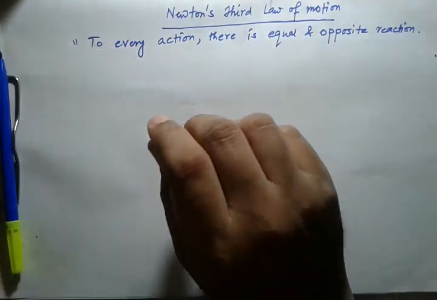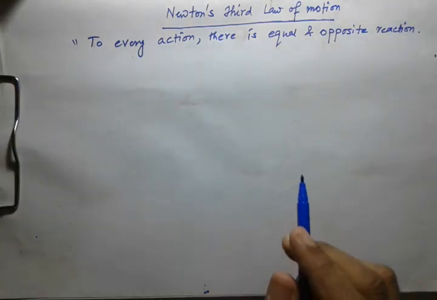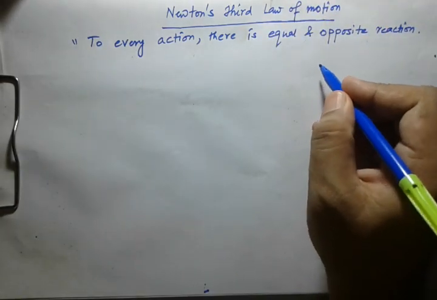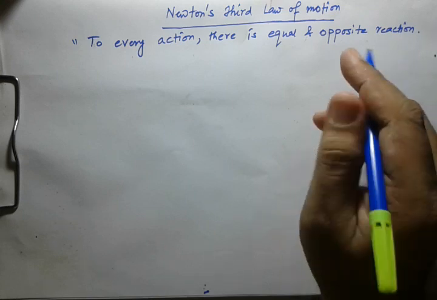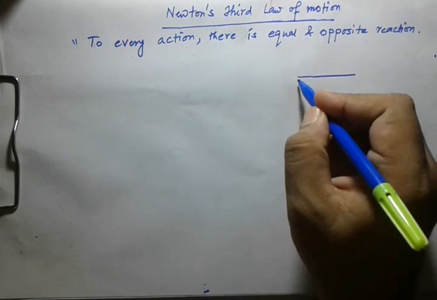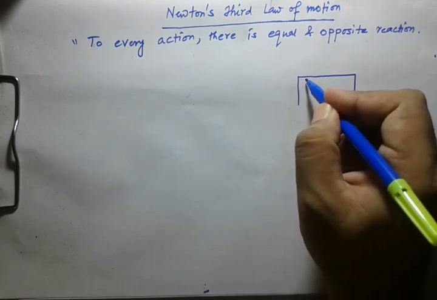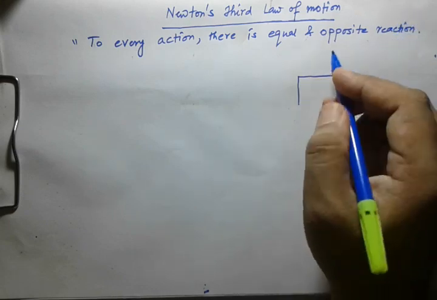So in this way, in our everyday life, every object is made of atoms and molecules. In between all atoms and molecules, there are small spring-like structures. Now suppose this is an object. In this object the atoms and molecules are there, and between them the spring-like structures are there.